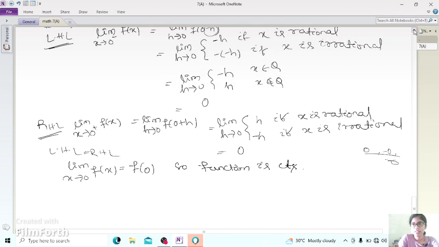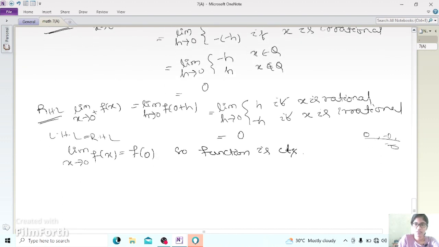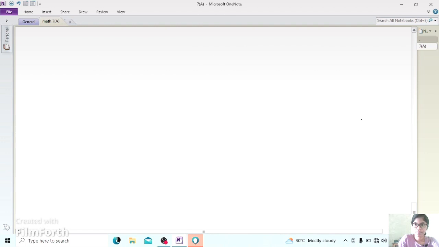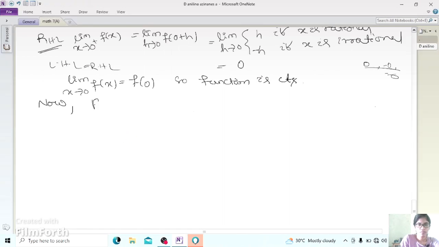Next question: x not equal to 0, belongs to R. That means for non-zero real values the function will be discontinuous. Now for x not equal to 0, let x equal to a. Here a may be rational or irrational.